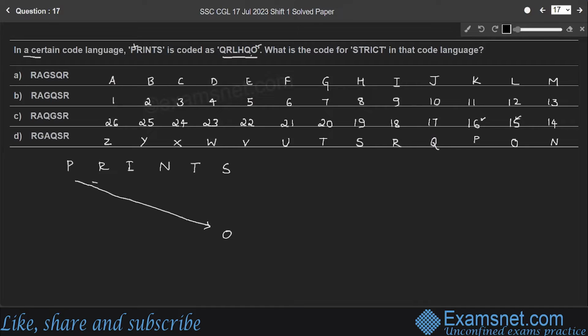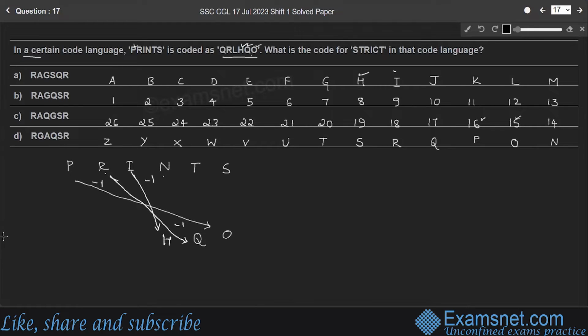So P minus 1 gives O. R is coded as Q, because R minus 1 gives Q. I is coded as H. I minus 1 gives H. I is 9, H is 8.